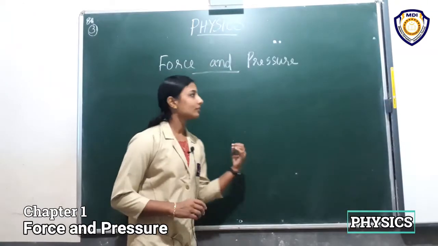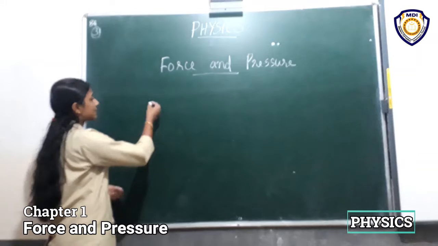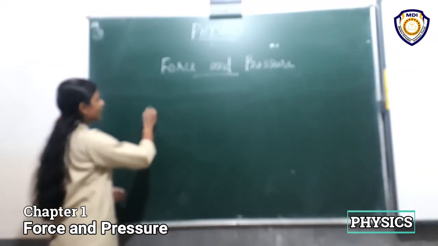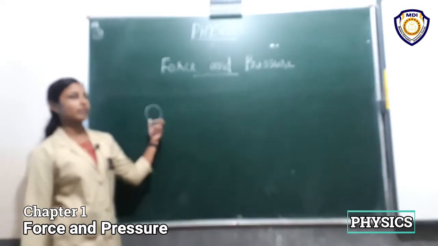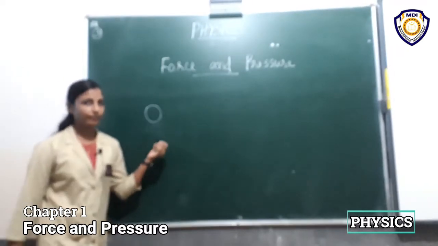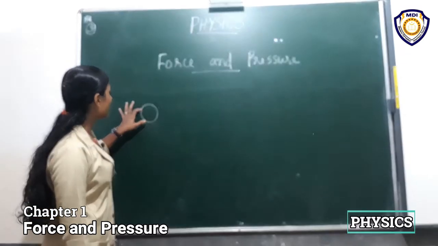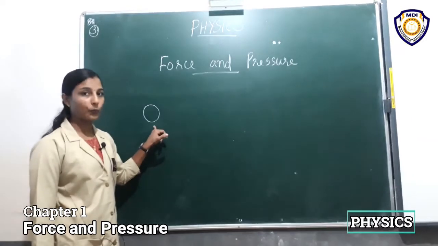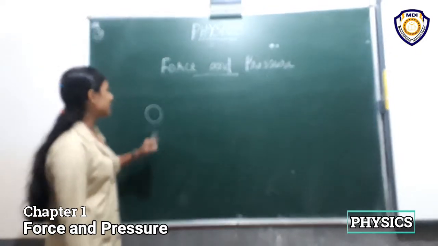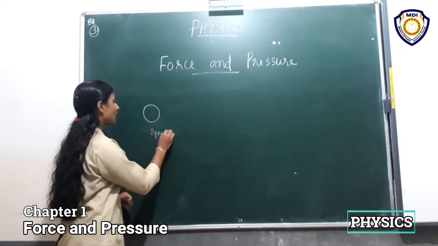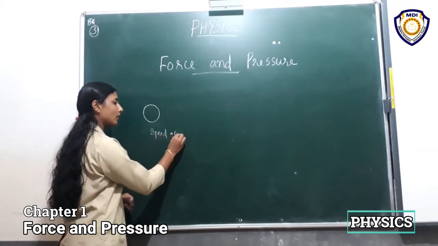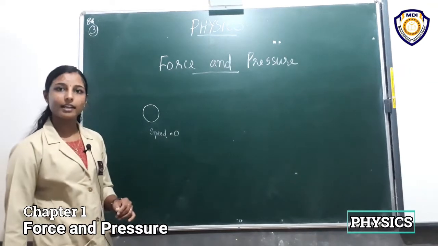Okay, let's see. Suppose here is a ball. Suppose it is a football, right? So the ball is at rest now. That means the speed of this ball is equal to 0, right?